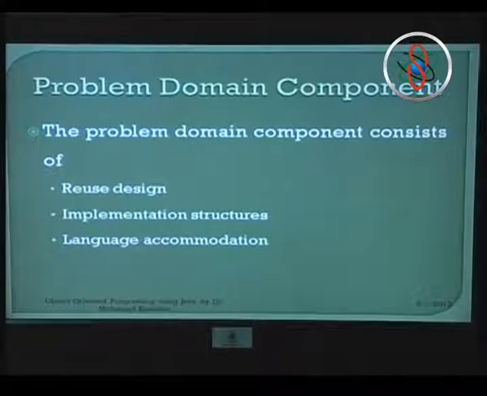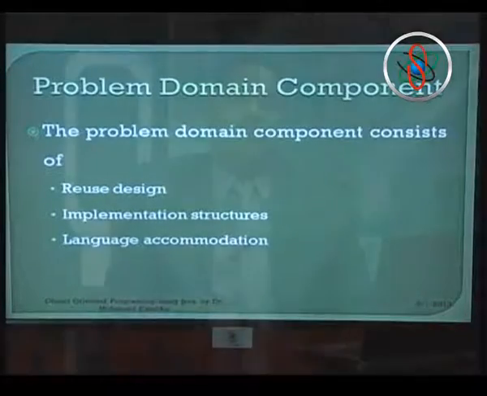And actually we are also speaking about language accommodations, because the language itself makes sense sometimes. For example, using object-oriented programming with C++, the concepts are the same, but there are such utilities, such advantages provided by C++.